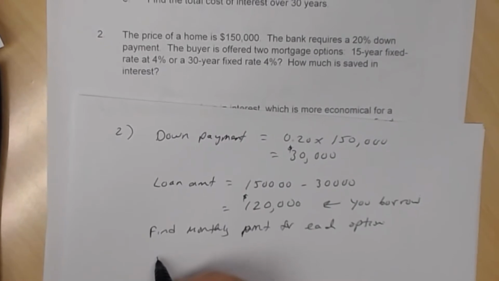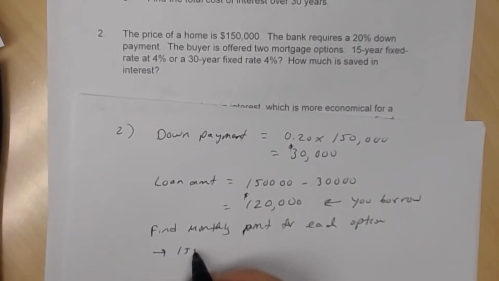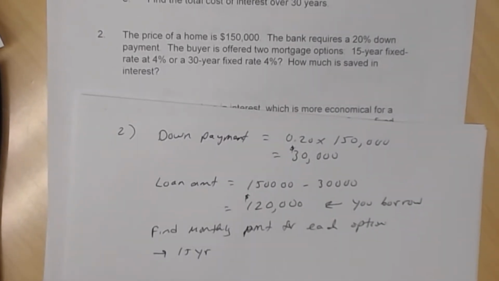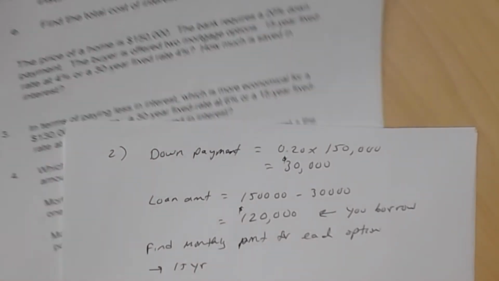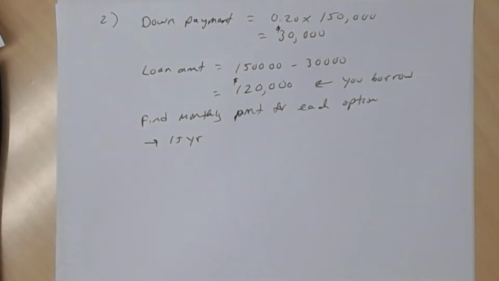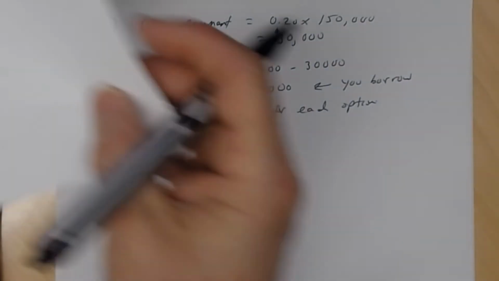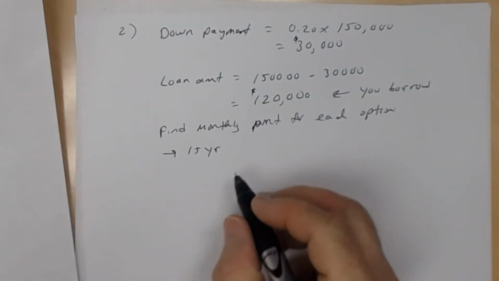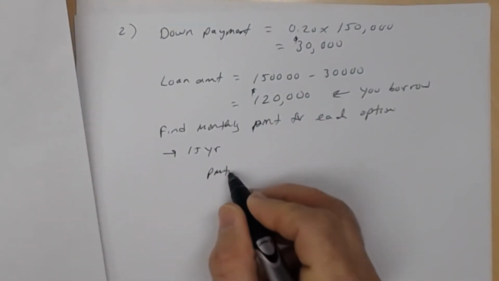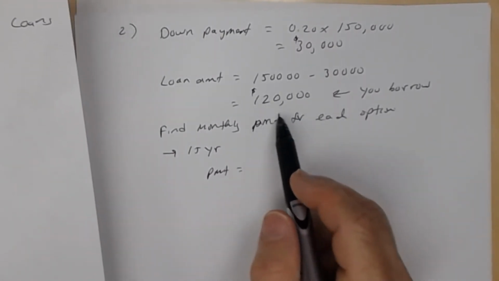First of all, the 15-year. So using our formula right here, remember, you're going to have this in front of you. So the payment for 15-year will be how much I'm going to borrow.